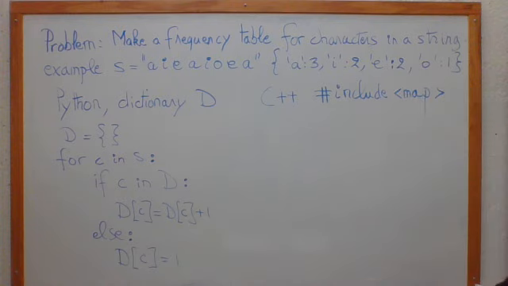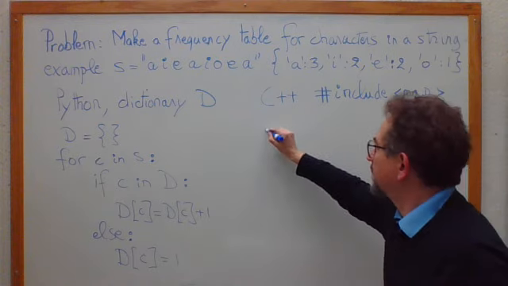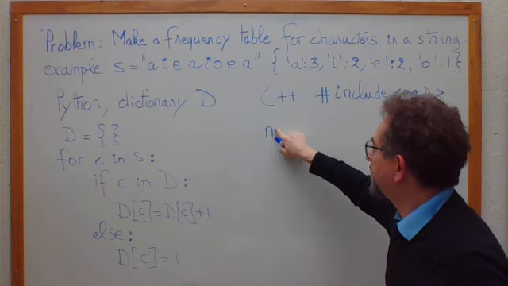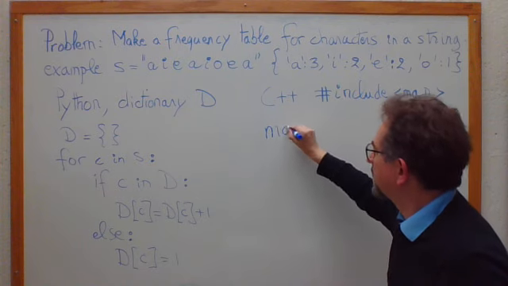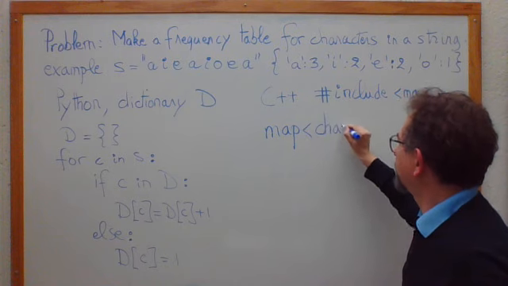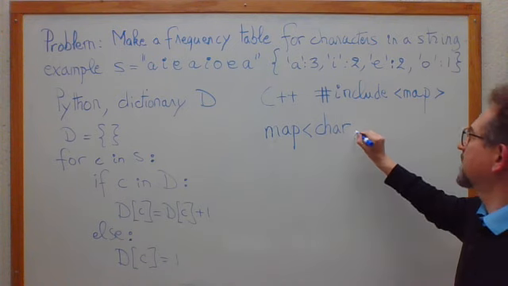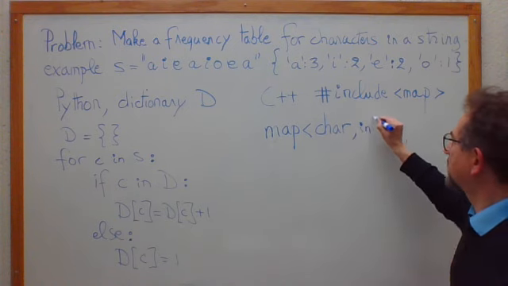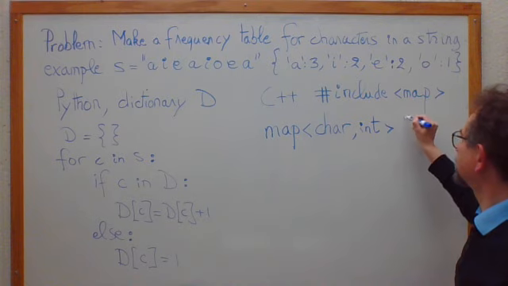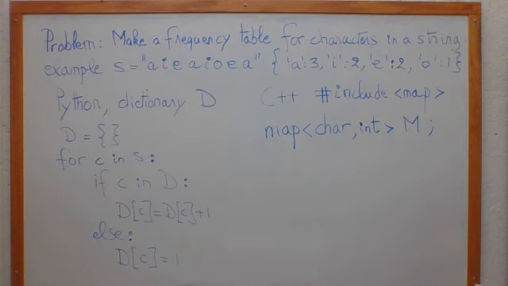So a map is just like a Python dictionary, a set of pairs, which I declare by listing the type of the first element in each pair, which is a character, and the second element is an integer. So this declares a map of pairs of characters and integer values.